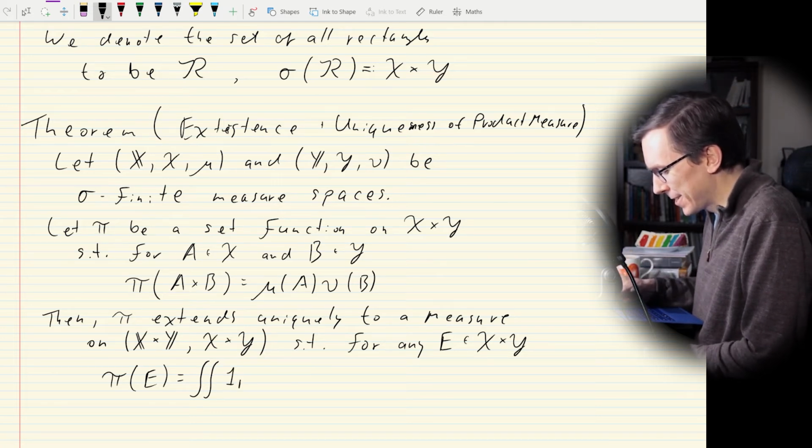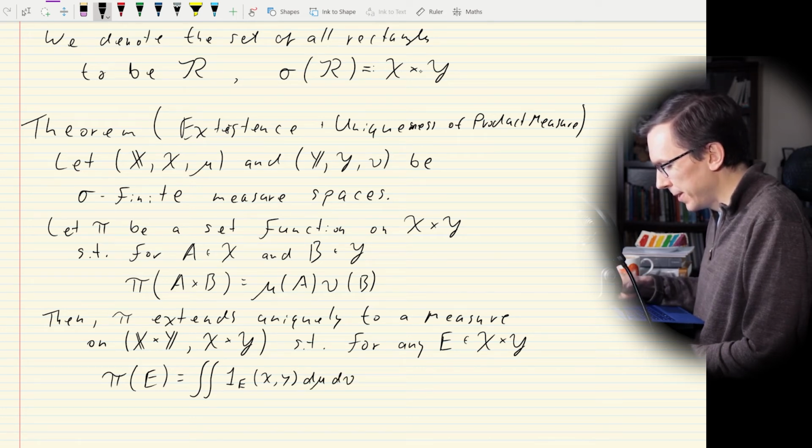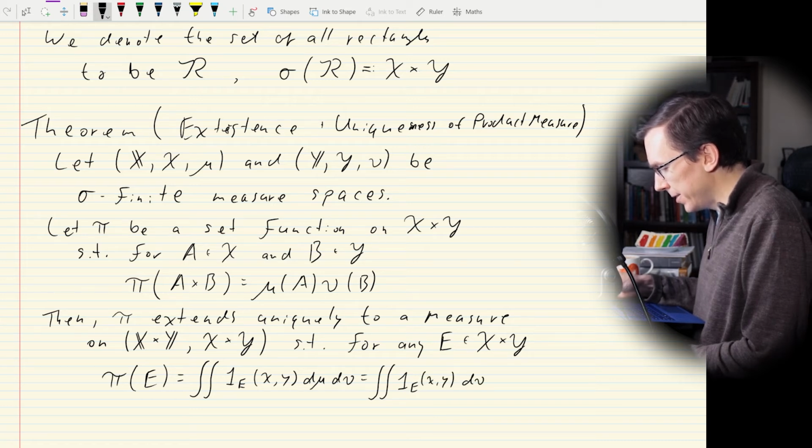We need integrals. The double integral of the indicator function d mu d nu. And this will also be equal to the indicator function integrated d nu d mu.